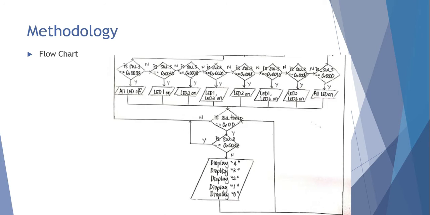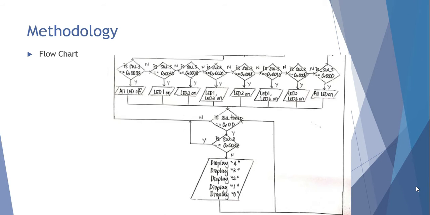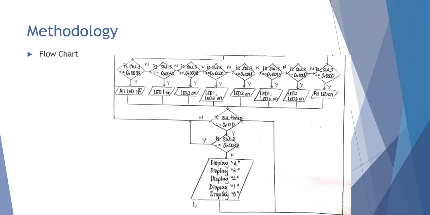The BCD 7 segment will only display the countdown if the SW3 fulfills this requirement. After displaying the countdown from 4 to 0, the system will wait for the variable of SW timer, or it will go to here and wait for any instruction from the SW3.